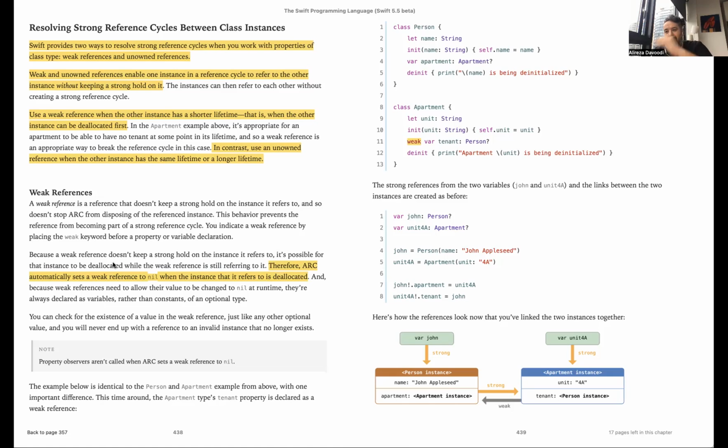Even though a weak reference creates a reference to an instance, it doesn't add to the reference count of that instance, as opposed to a strong reference. A strong reference also creates a reference to another instance, but in addition, it also increases the reference count. So for instance, you have person, you have apartment, and for apartment you have tenant, and you define tenant to be a weak reference.